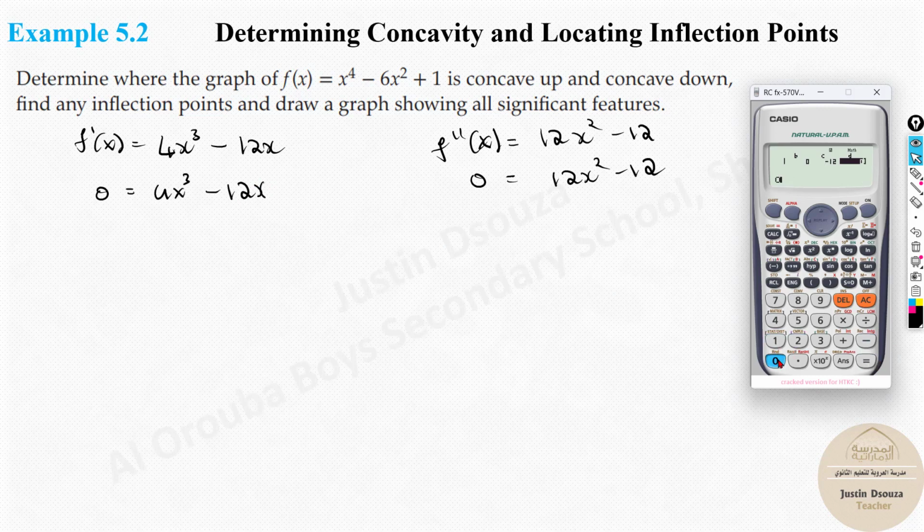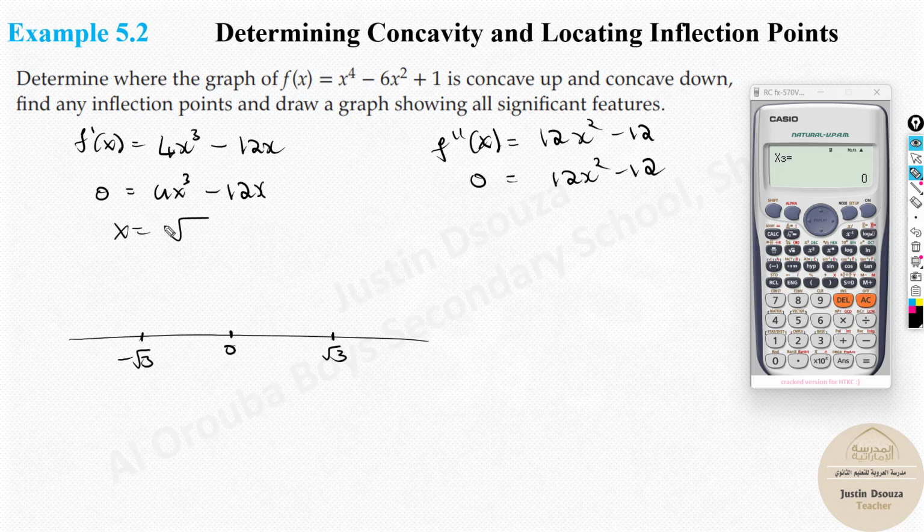Don't forget the sign. And lastly, the constant is 0. So the values are √3, minus √3, and 0. There are 3 values. So let me just draw a line: 0, positive √3, negative √3. So x is equal to plus or minus √3, 0.